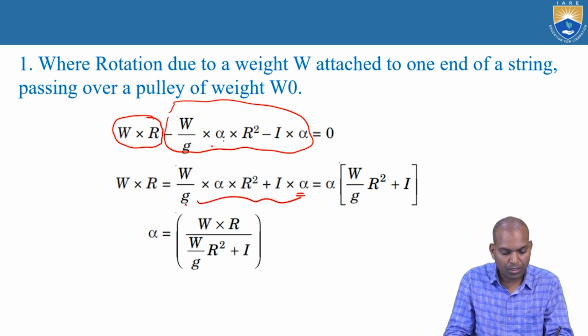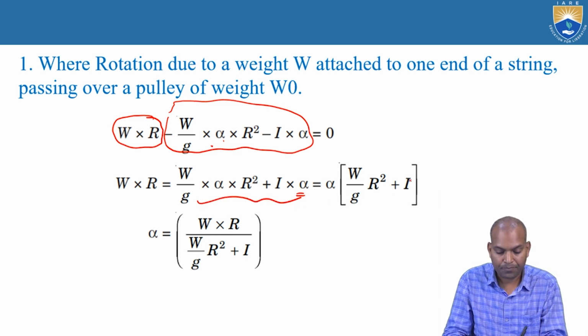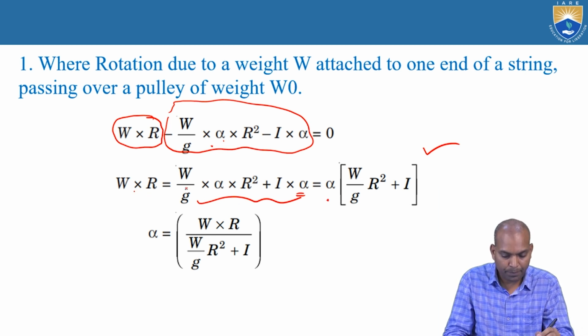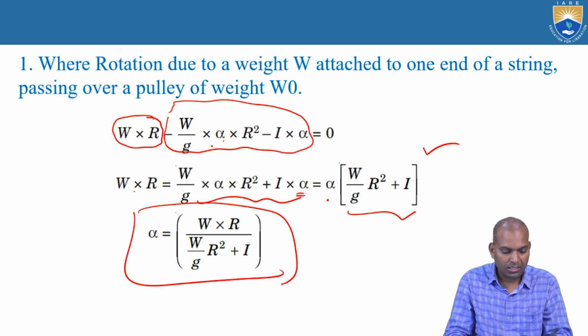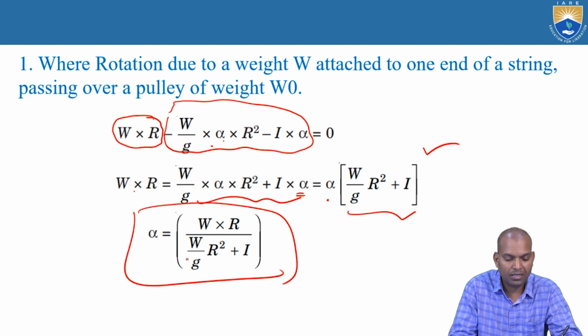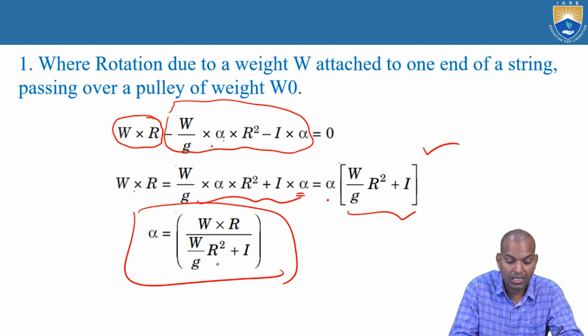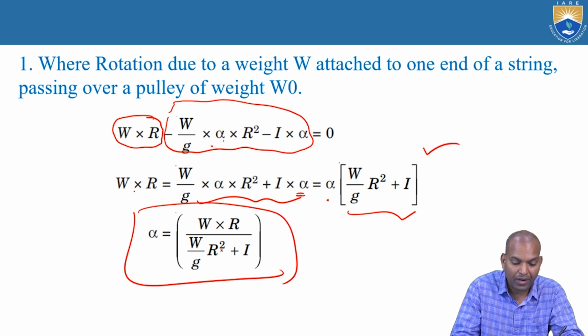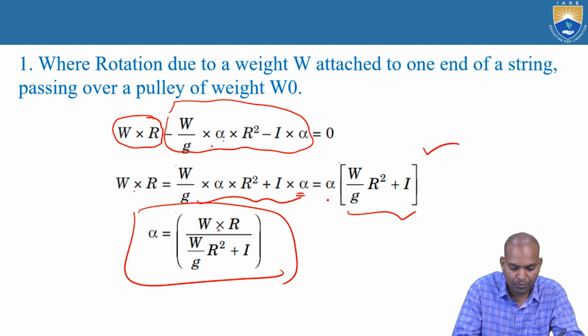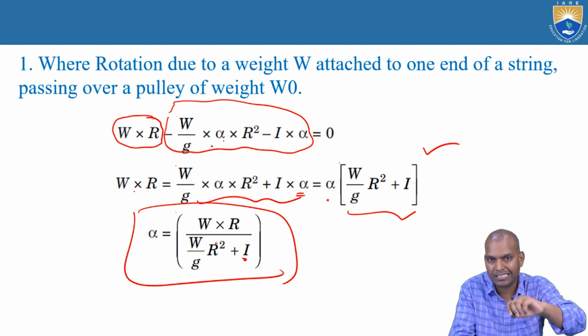Alpha times W by g R square plus I. Now alpha equal to W times R by W by g times R square plus I. Here W is the weight and R is the radius of the pulley. I is, if the pulley is a solid disc, mr square by 2, let us consider.